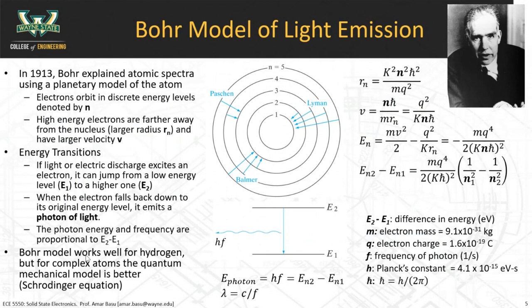But it works very well for simple atoms, and it greatly advanced our understanding of the discrete nature of spectra and of electronic configurations in atoms. Electrons can exist in discrete energy states only.